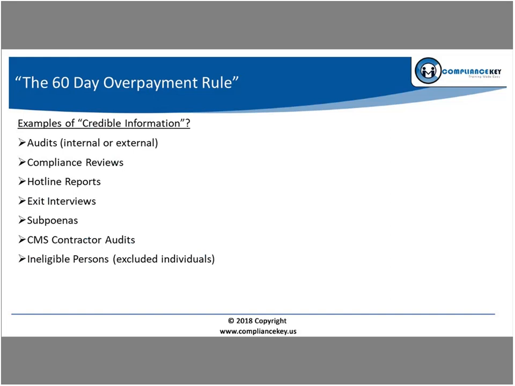Just some possible examples of what would be interpreted as credible information. Audits, whether they were done internally or externally, but in terms of external, that has to be through a third party, not through the federal government or as part of a federal government investigation or audit. Could be through internal compliance plan reviews that maybe are part of the compliance department's annual work plan.